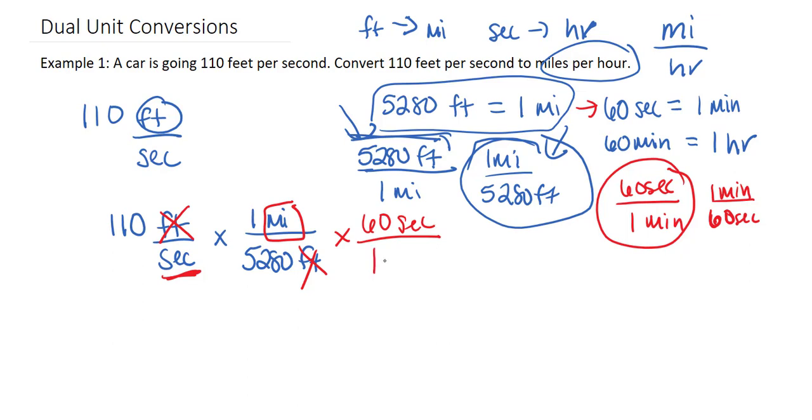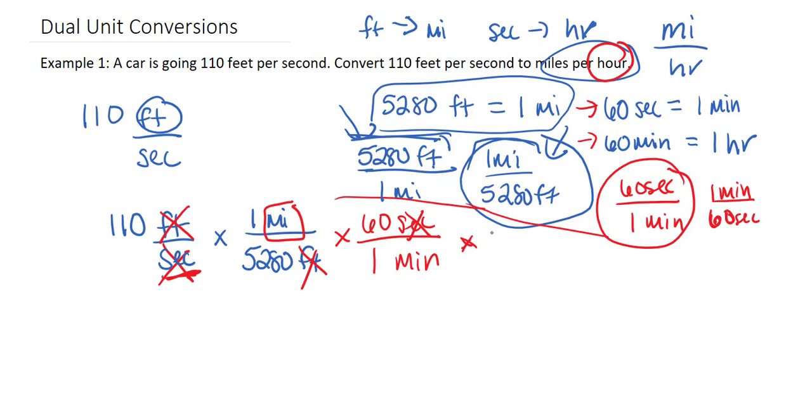So if we do it like this, where we put the seconds on the top, then we can cancel this out, and we're left with minutes on the bottom. But we don't want minutes, right? We need hour. So we need to go one step further. So we need to go ahead and use this one.